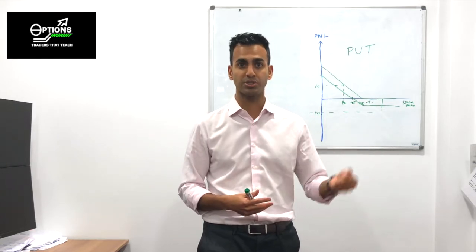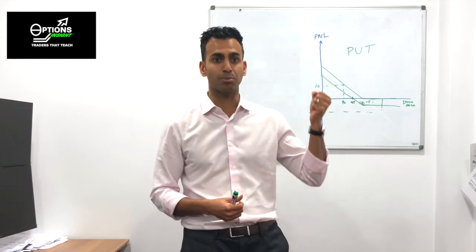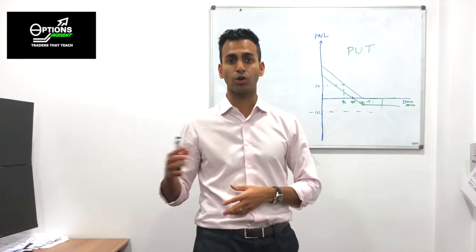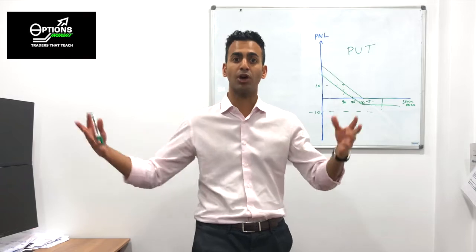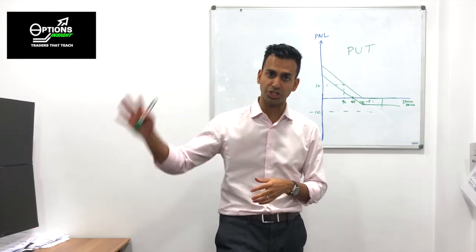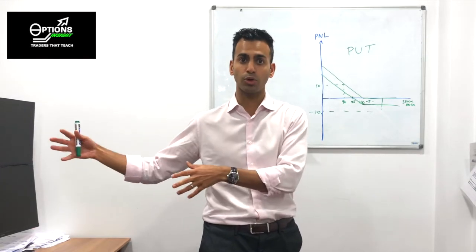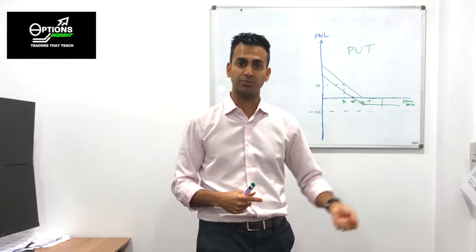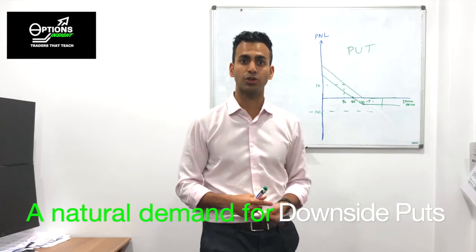They generally buy them to protect their portfolios. And that makes the price of put options relatively more expensive, just like we talked about calls being oversupplied. That's what makes call options cheap, particularly upside call options. Now, downside put options are relatively more expensive because there's a natural demand for downside puts.